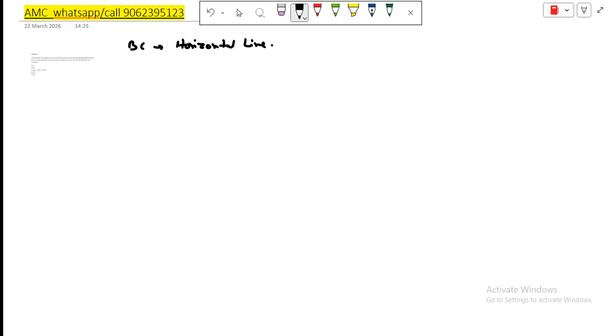right? Now an altitude is perpendicular to the side it hits, and if a side is horizontal, its altitude must be vertical, and if a side is vertical, its altitude must be horizontal. Now since BC is horizontal, the altitude from point A must be a vertical line.